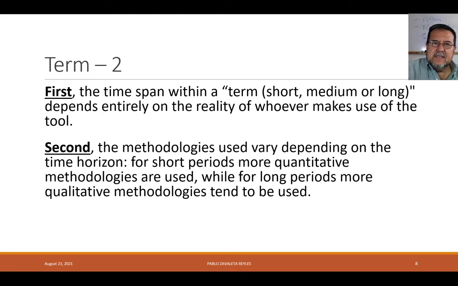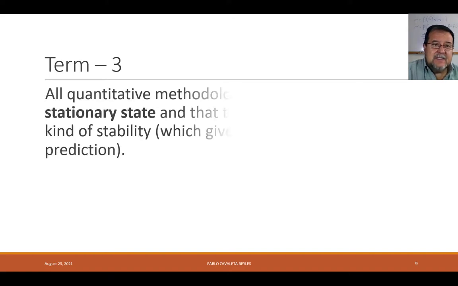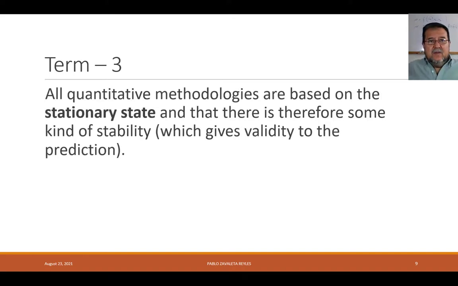So, what happens with those time horizons? Well, usually for short periods, we tend to use more quantitative methodologies, while for longer periods, we tend to use more qualitative methodologies. So, the question that arises immediately is, why is this so? Well, it happens that all quantitative methodologies are based on the stationary state. And this means on the state that a system has arrived at a certain equilibrium.